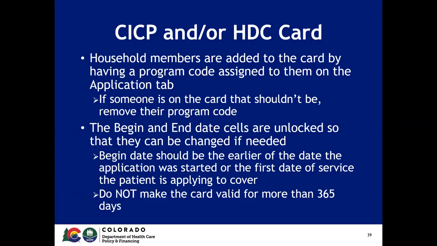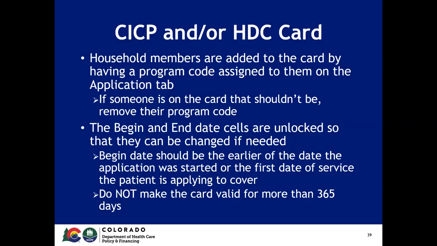Okay, so the next tab on there is a CICP and or hospital discounted care card. So this one, for our CICP providers or just our non-CICP providers, you'd be able to use this card if you choose. You don't have to, but household members are added to that card by having a program code assigned to them on the application tab.